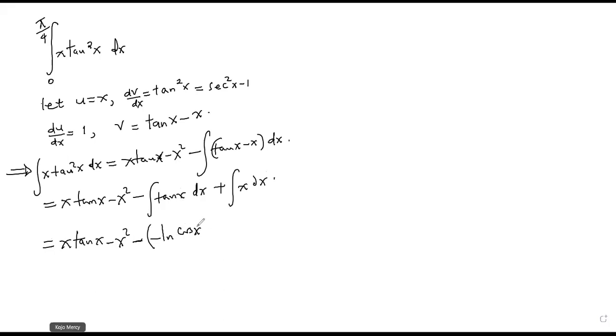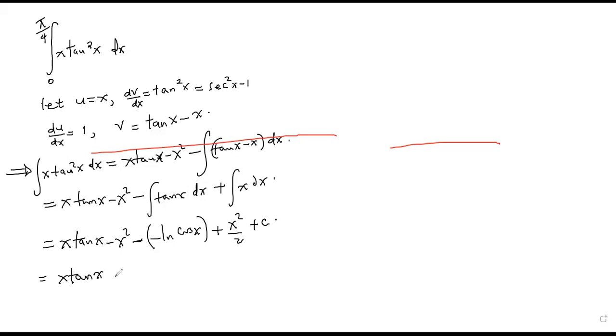I'm going maybe to remind you here by proving, negative ln cos x, then plus a half x squared or x squared over 2, then plus a constant of integration, which reduces to x tan x.